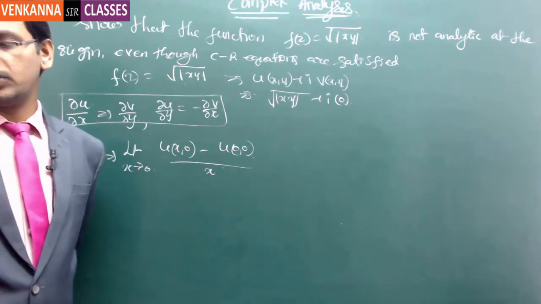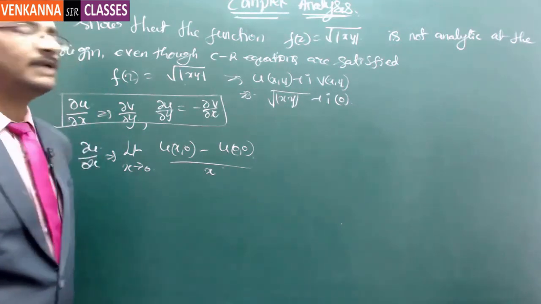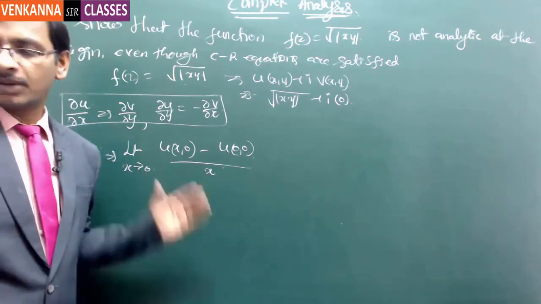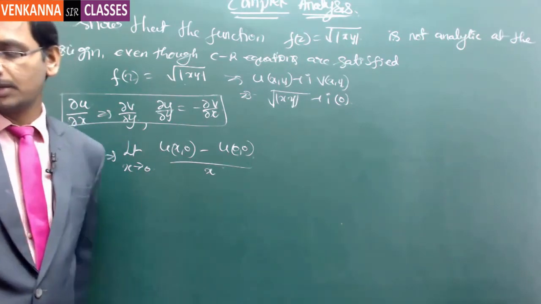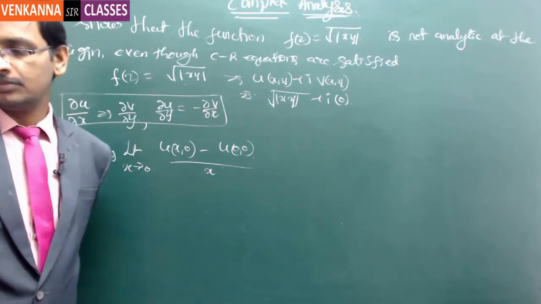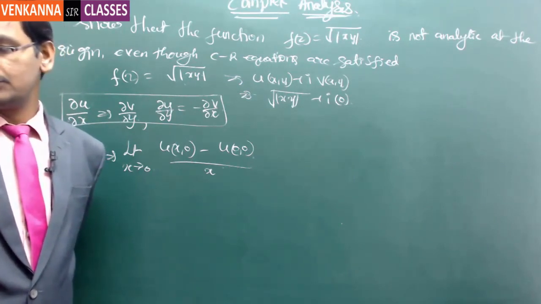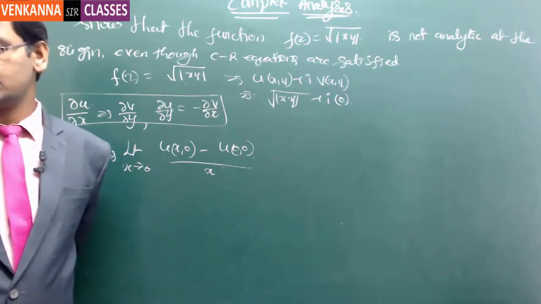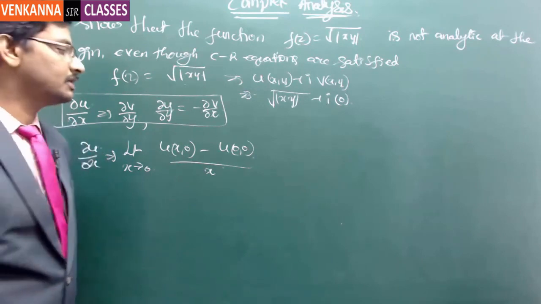Kavya, can you tell me why I have used x instead of delta x? This will be a very big confusion, because even in the upcoming classes I am going to use the same manner. Does anybody have any idea on this?